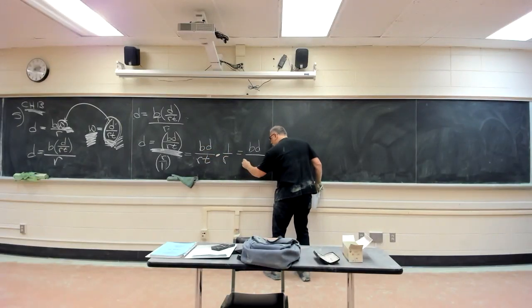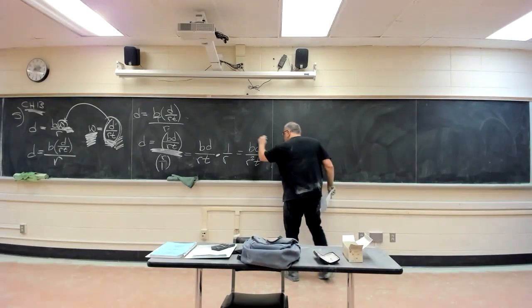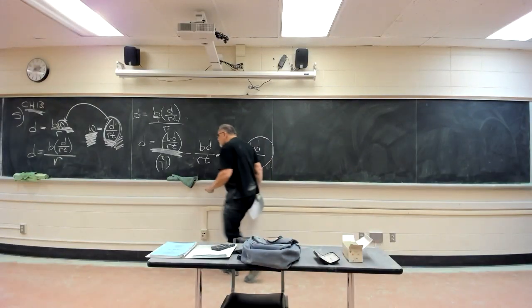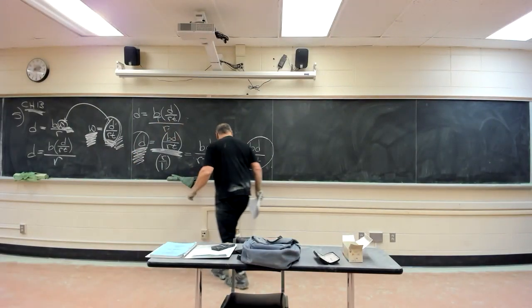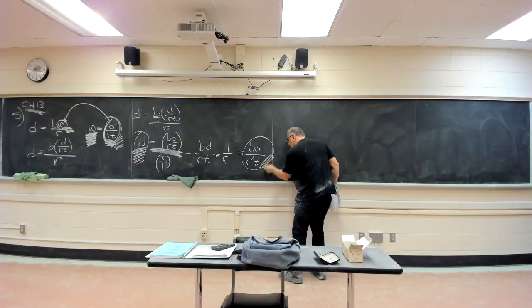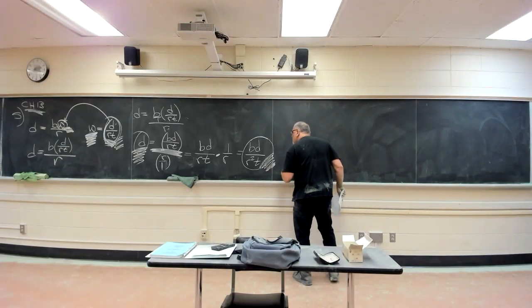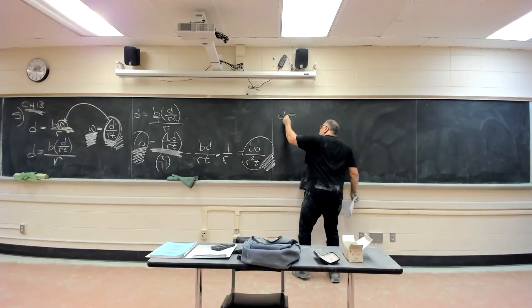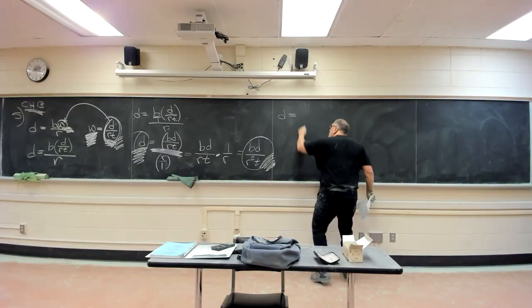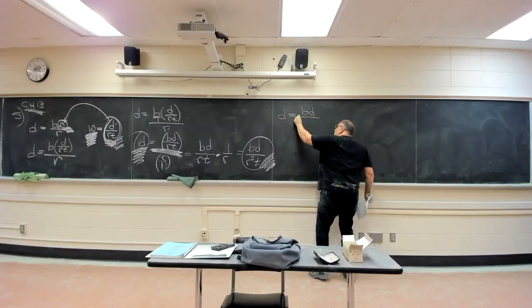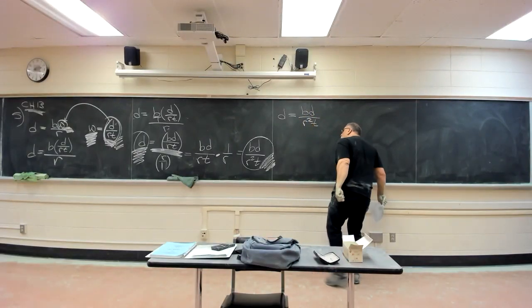RT times R is R squared T. D is equal to BD over R squared T.